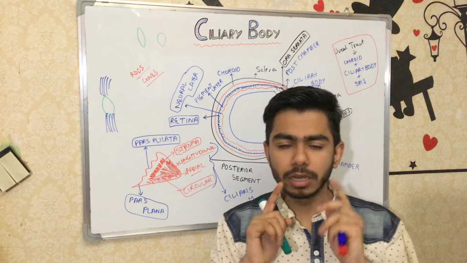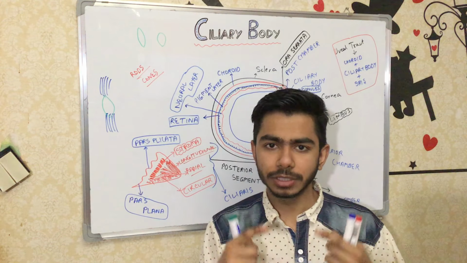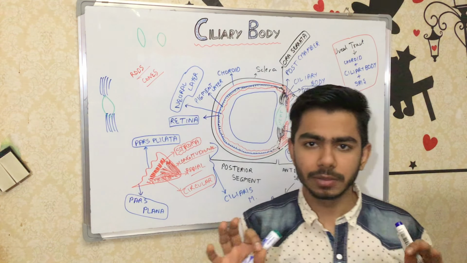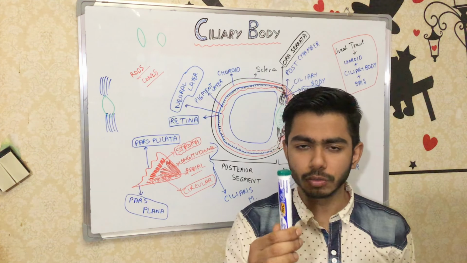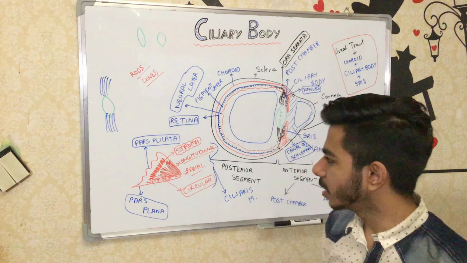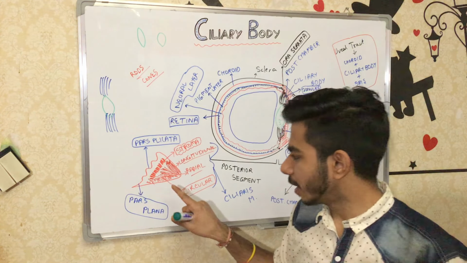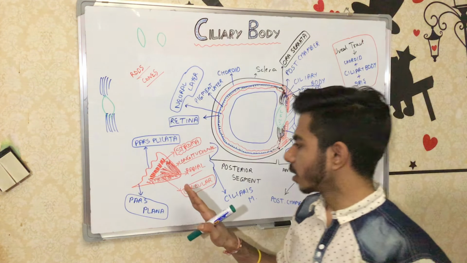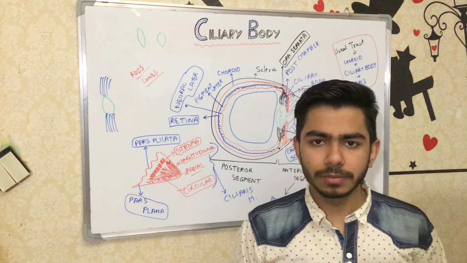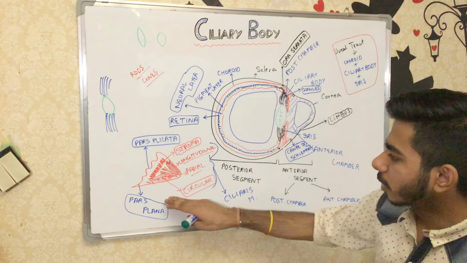Whenever I am seeing far objects, our ciliary muscles will relax, and when I am seeing nearer objects, our ciliary muscles will contract and the zonules will relax, right? So they are working in the opposite way.